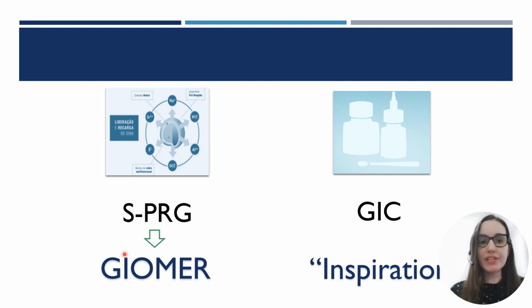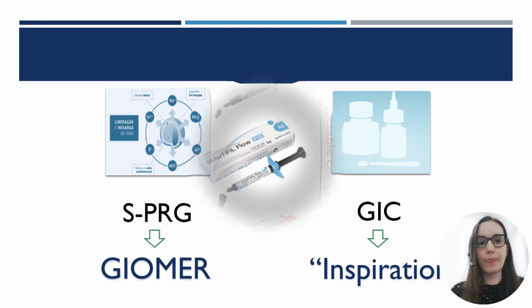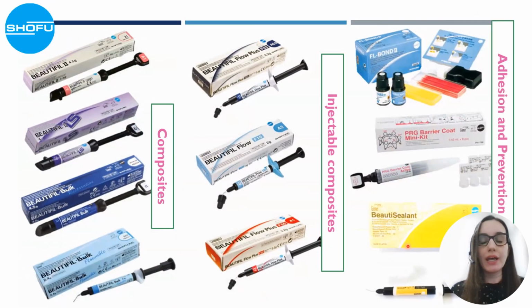And giomer is not a type of glass ionomer cement. The bioactivity of glass ionomer cement itself inspired the creation of SPRG fillers. And the SPRG fillers are present in the composition of several products, and we'll talk about some of them at the end of this presentation.